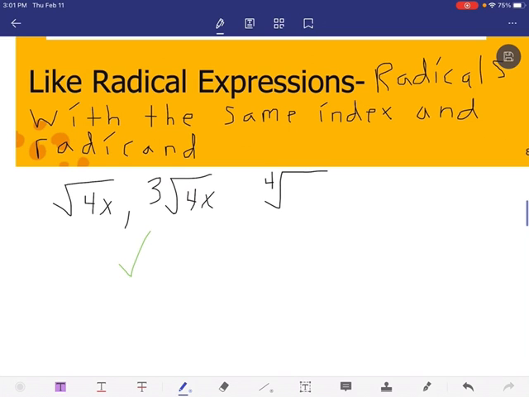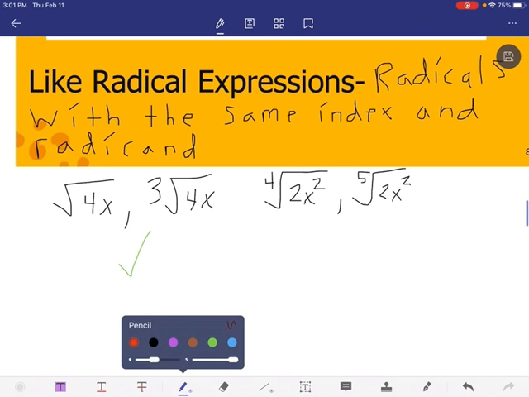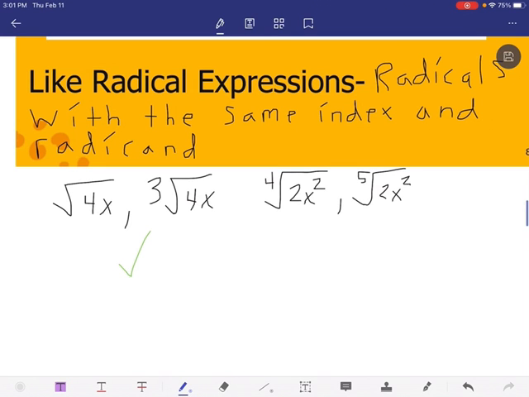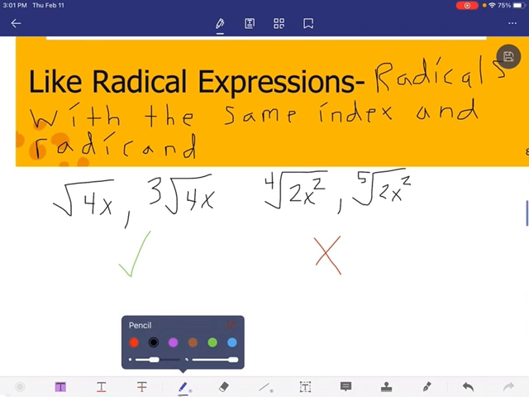Now notice if I had something like the 4th root of, say, 2x squared and the 5th root of 2x squared. Well, my radicand is the same, but now my index is not the same. So these would not be like radical expressions.